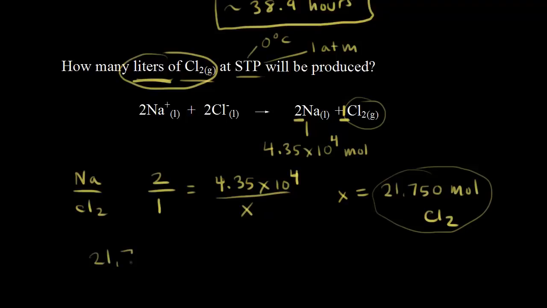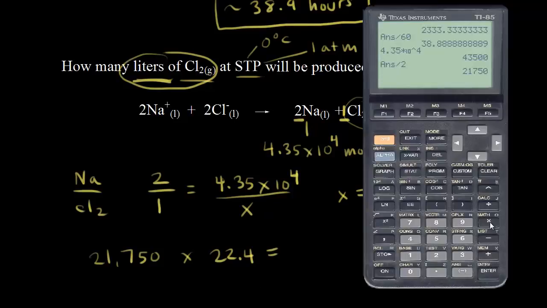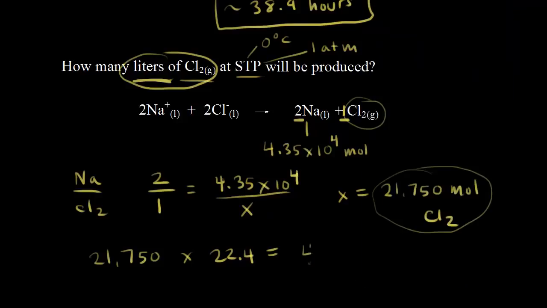So 21,750 moles, if we multiply that by 22.4, we should get the volume in liters. Let's do it. We get 4.87 times 10 to the 5th liters of chlorine.